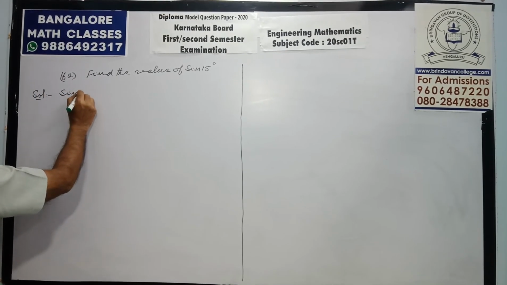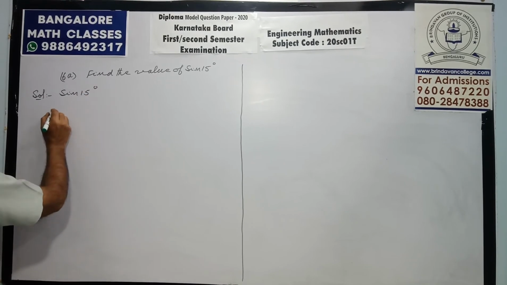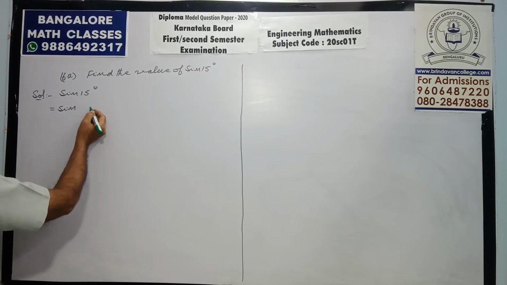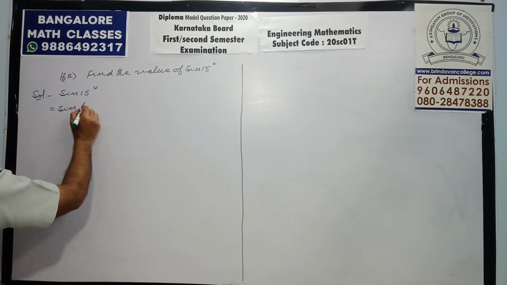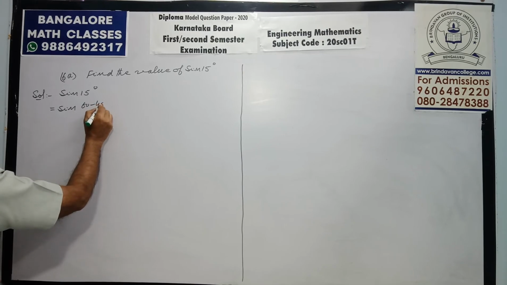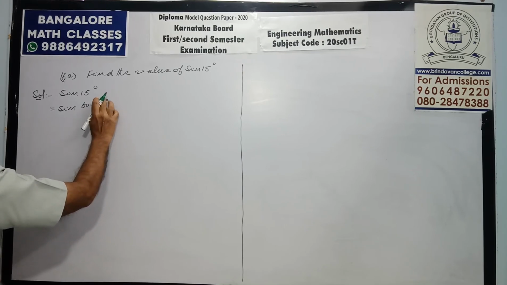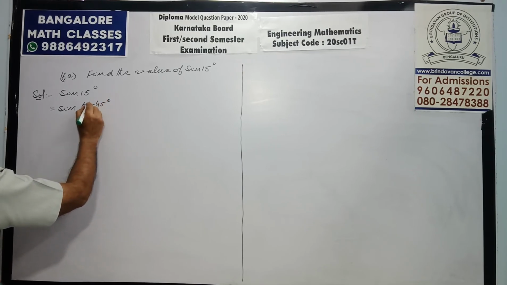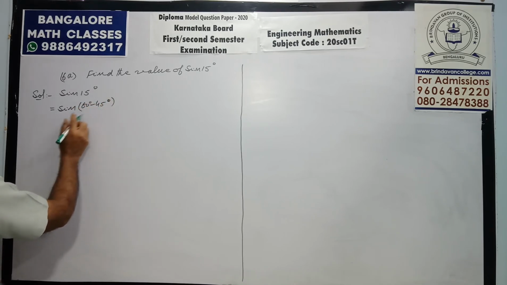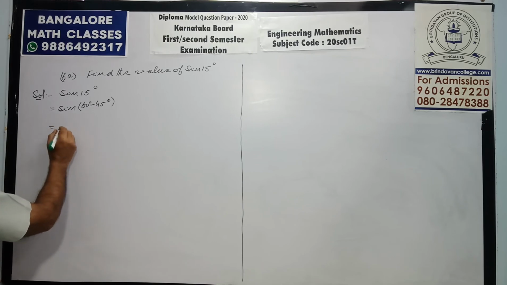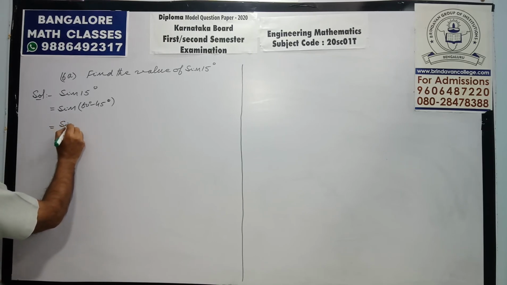Sin 15 degree can be written as sine of, you can write 60 minus 45 or 45 minus 30. It's your wish. Say 60 minus 45. 60 degree minus 45 degrees, 15 degree. That's like sine A minus B. Use the identity of sine A minus B.